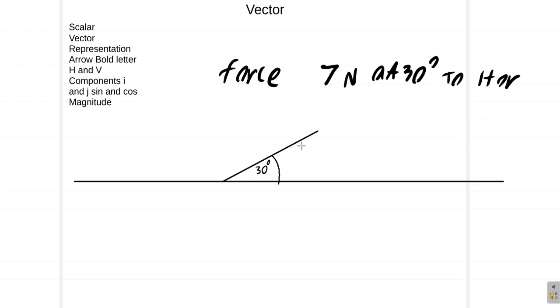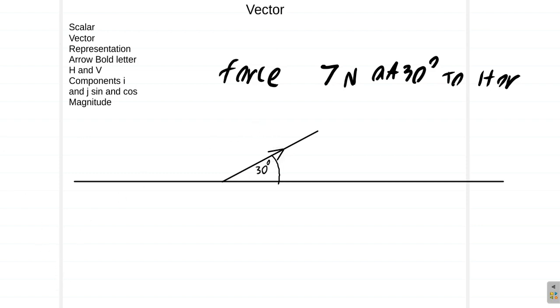Alright. But then you have one more thing. How do you know the vector goes this way and not that way? Well, you put an arrow. So you put an arrow on the vector, on the line that represents the vector.